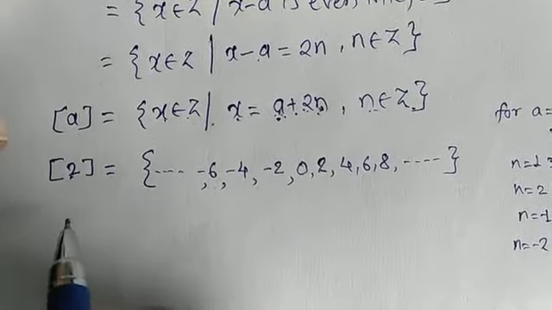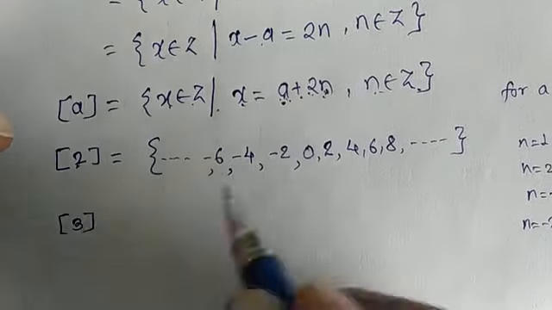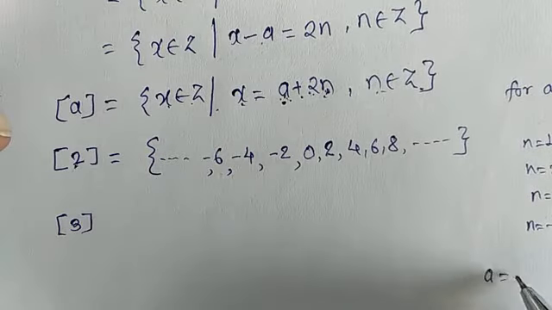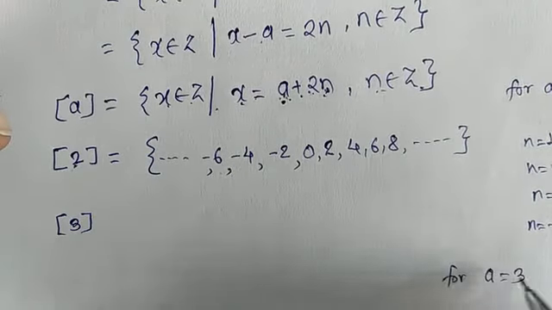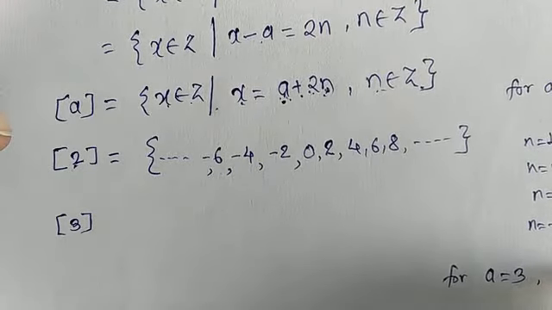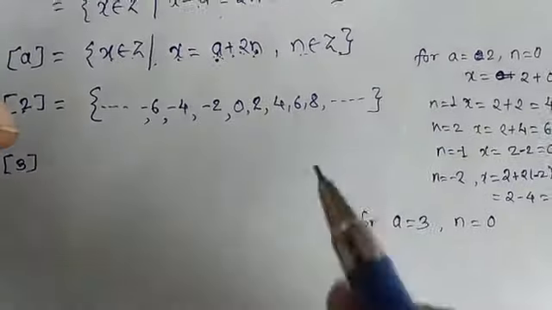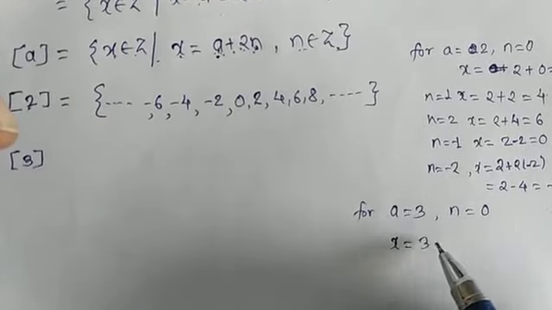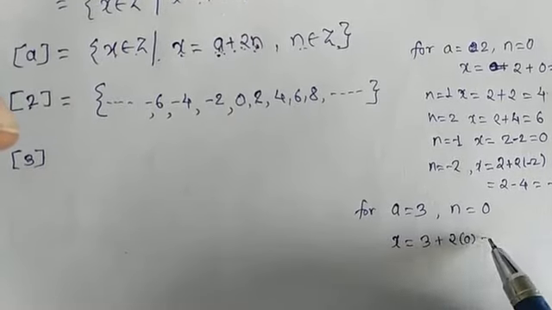Now for the equivalence class of 3, a should be 3. For a is equal to 3, we take n from 0, and this equation gives us x is equal to 3 plus 2 into 0, which is equal to 3.